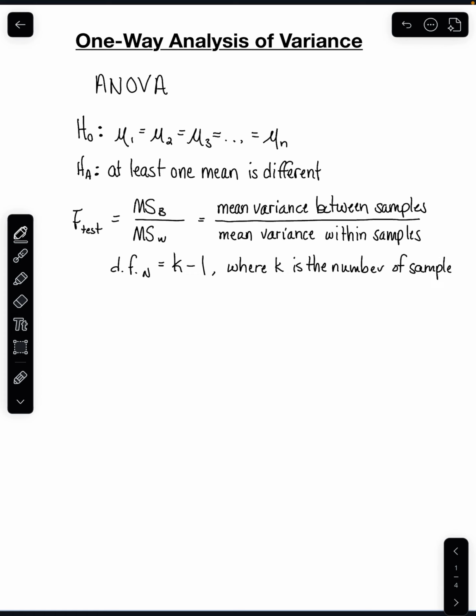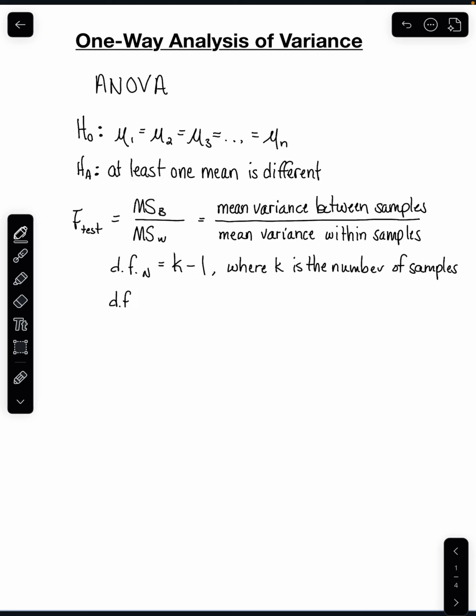So if we are looking at 5 populations, a sample chosen from each of 5 populations means 5 samples. In that case, k would be 5, and 5 minus 1 would be 4.